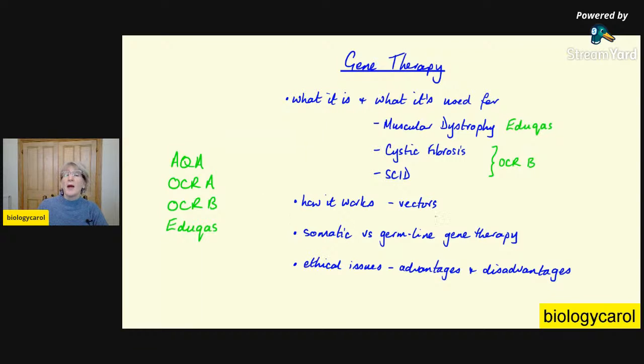We're going to talk about how gene therapy actually happens. Then we're going to talk about the difference between somatic and germline gene therapy and what their significant differences are. And finally, we're going to talk about a few advantages and disadvantages because, of course, this is a topic where the ethics of it is discussed.